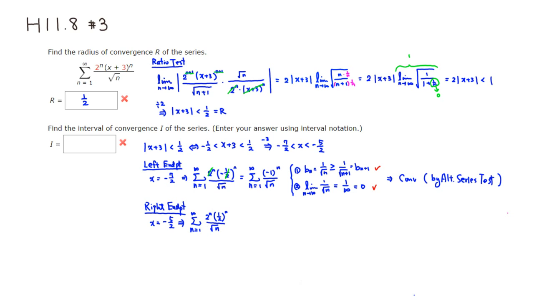You can see that 2 to the n and 1/2 to the n cancel out, and you get a simple p-series: the summation as n goes from 1 to infinity of 1 over n to the 1/2 power. This is a p-series with p equal to 1/2, which is less than or equal to 1, which means that this is going to diverge, by the p-series test.